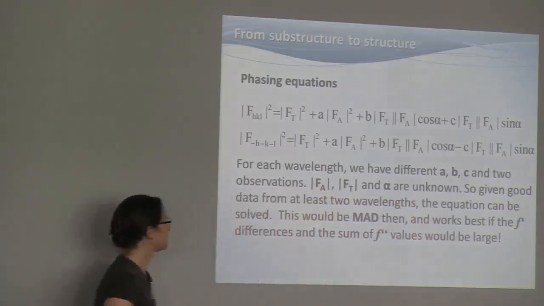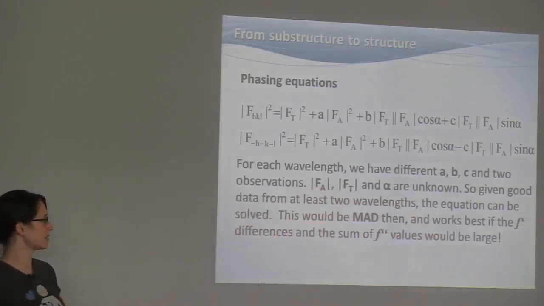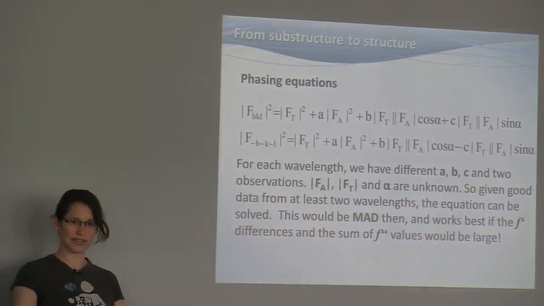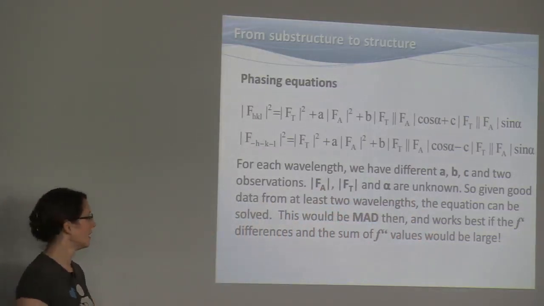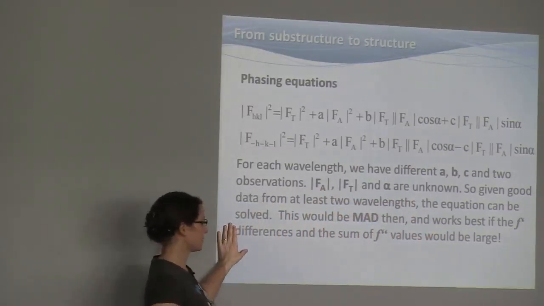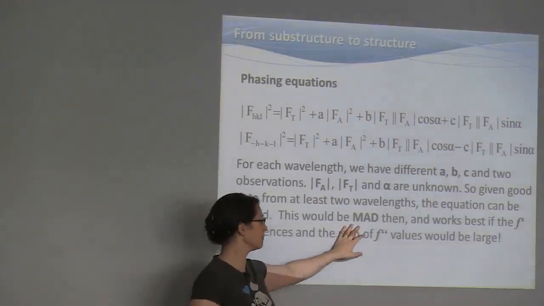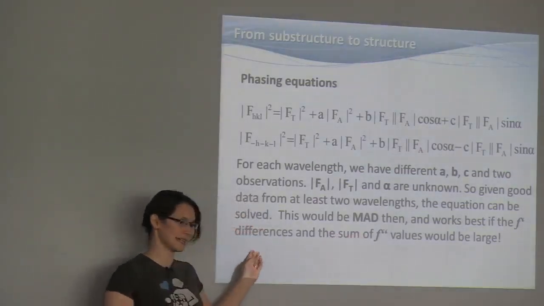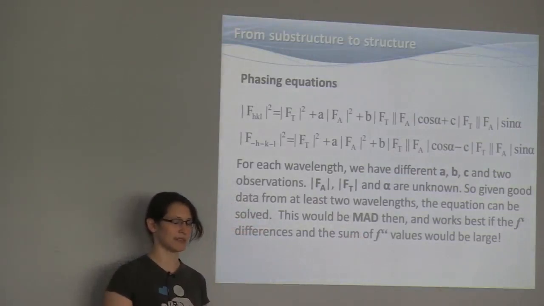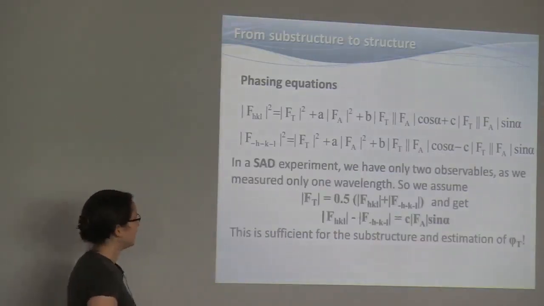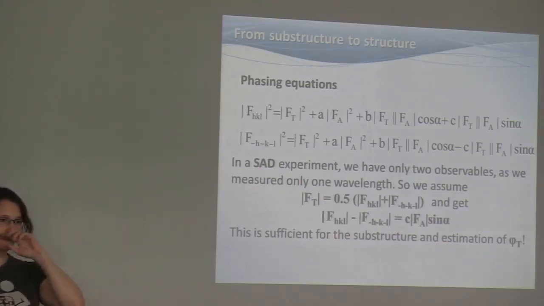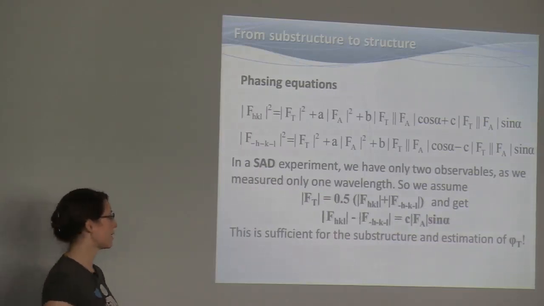So given good data from at least two wavelengths, having 4 data and 3 unknowns, we could solve the equations, and that would be MAD. It would work best if F prime and F double prime differences were very large. In SAD, however, we have only 2 observables and 3 unknowns, and that poses us with a problem.